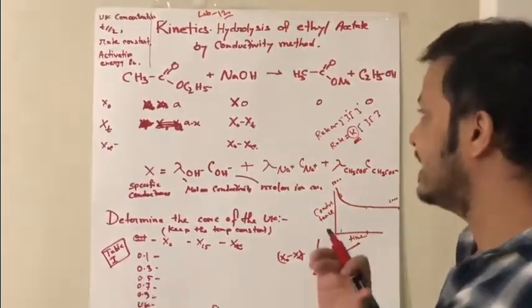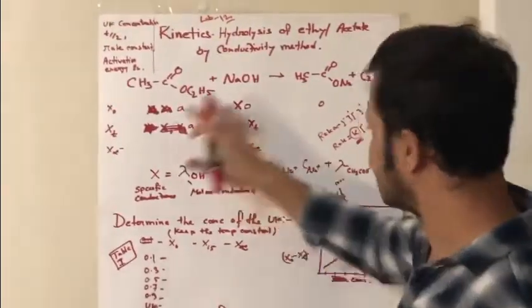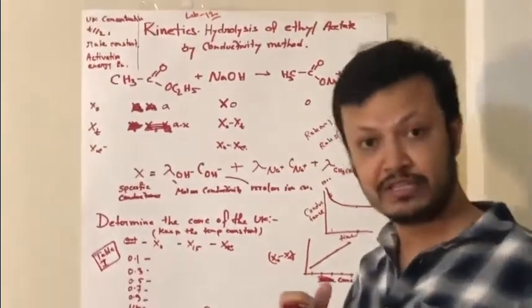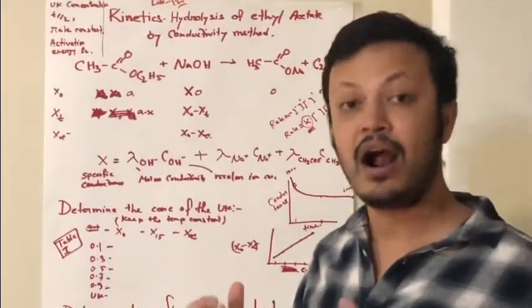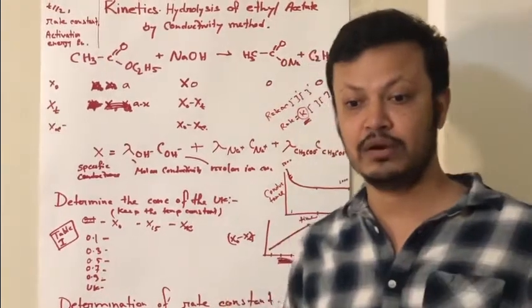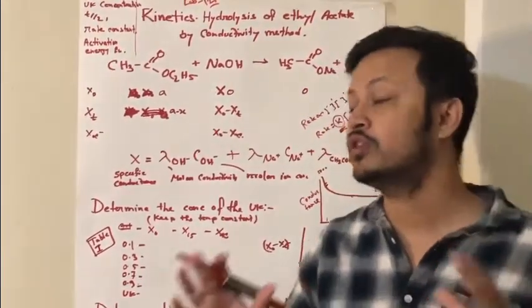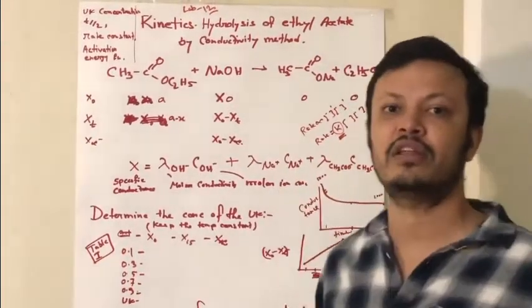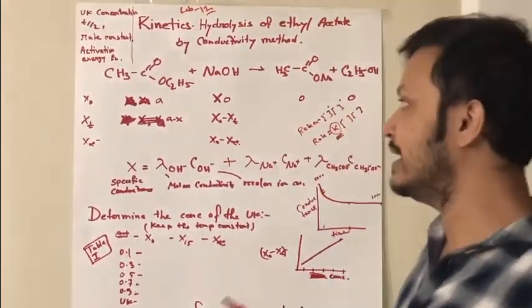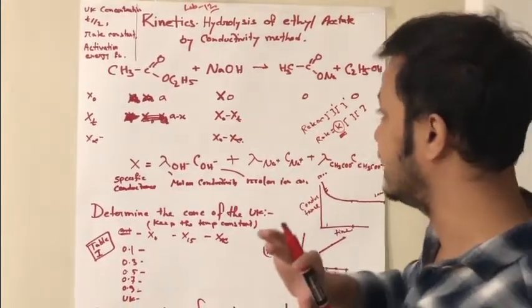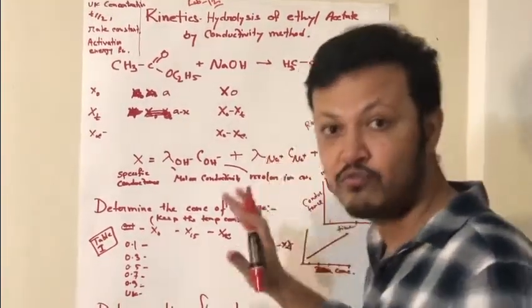But this is a second order reaction, and the calculation for a second order reaction is very hard. Even to do the experimental part, it's very complicated. So we are going to convert the reaction to a first order reaction. How? We can convert it to a first order reaction if we give a very excess amount of one reactant.